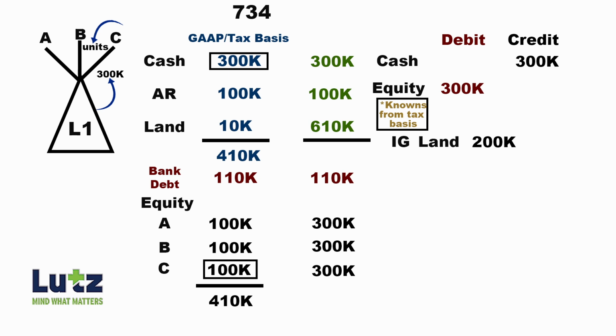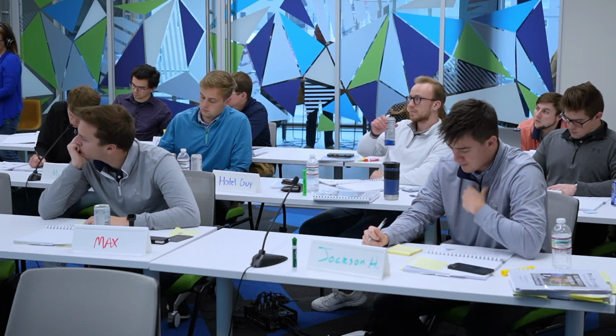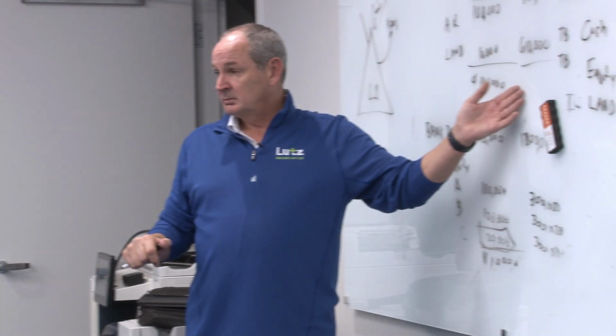Like we had before, when we converted the balance sheet to tax basis, because we were cash basis AR, we had two inherent gains, correct? We had an inherent gain in AR and an inherent gain in land. In this particular case, we only have inherent gain in land.